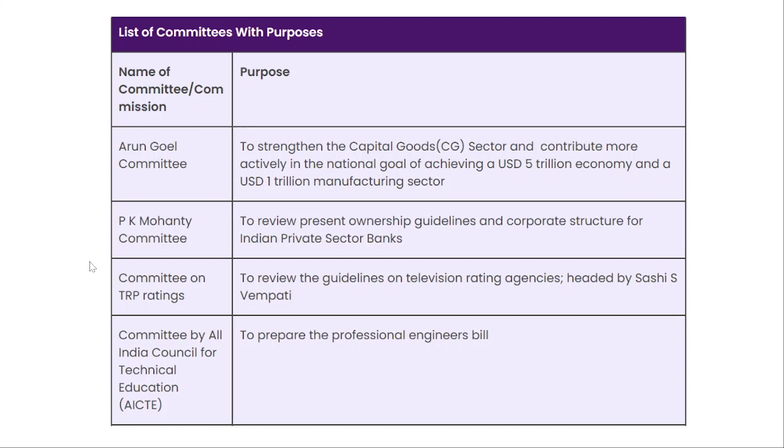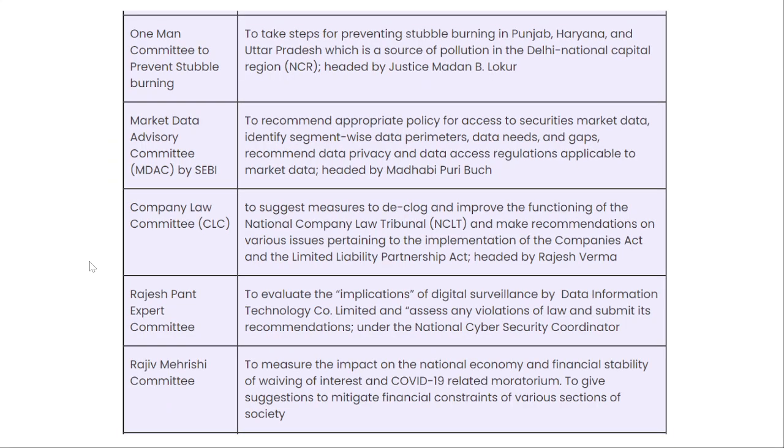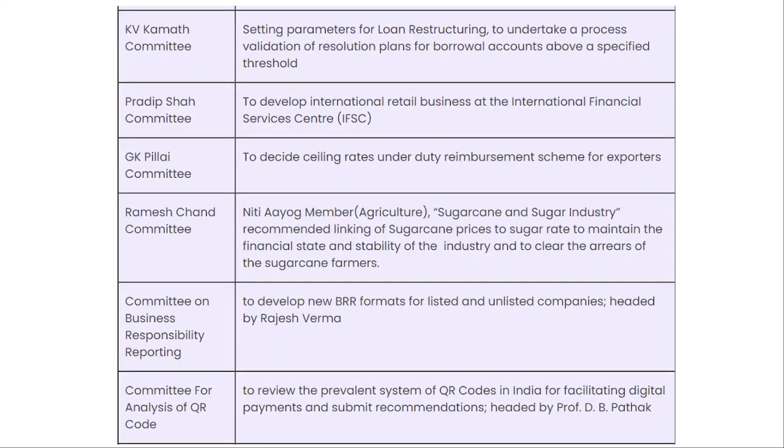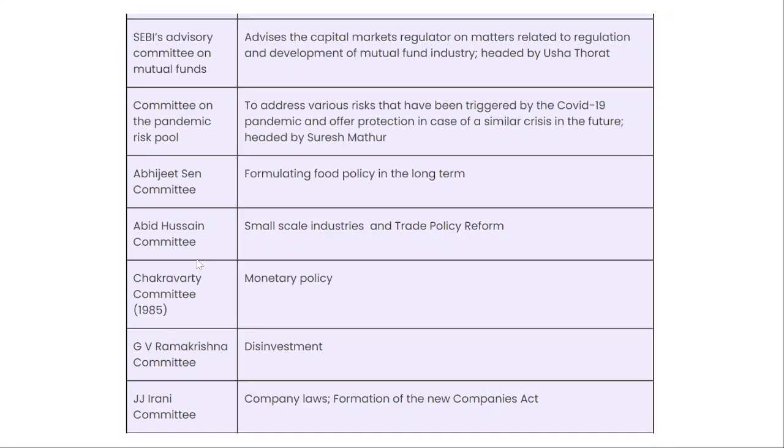So we are looking at some of these. KV Kamath committee, loan restructuring. You have the Abid Hussain committee, which is the question right now: small scale industries and trade policy reform. That is the Abid Hussain committee.